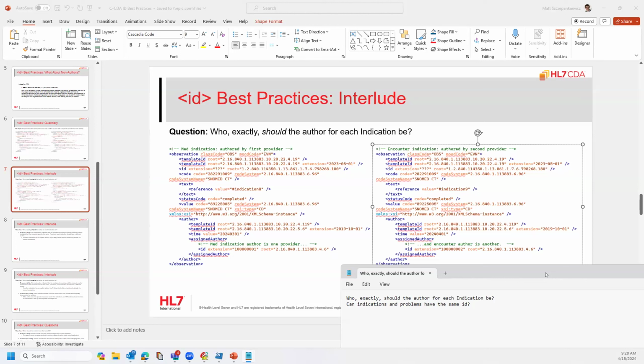So I'd like to take us back to 6th grade when we learned how to diagram sentences, because one of the things that your picture doesn't allow people to appreciate is that an entry is a clinical statement. It's a sentence, a concept as a whole. When you're in the green, it says encounter indication, but you're actually in the context of a statement about an encounter.